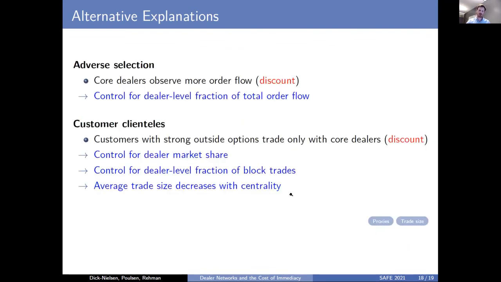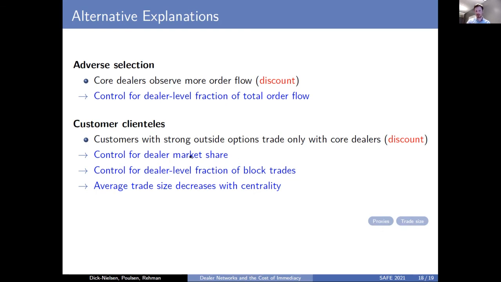In addition, we also use two proxies to accommodate the potential customer clientele story. So here we call that customers with stronger outside options trade with core dealers, and they can do so at lower transaction costs, so a centrality discount. So here we use an inverse proxy for customer bargaining power, utilizing that the bargaining power is split between the dealer and the customer.